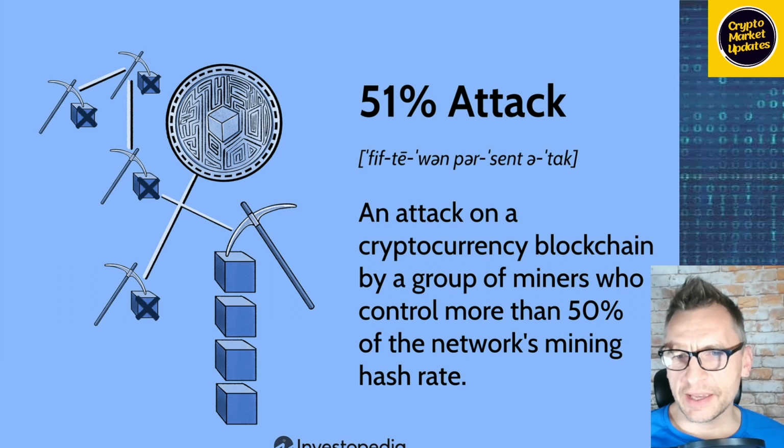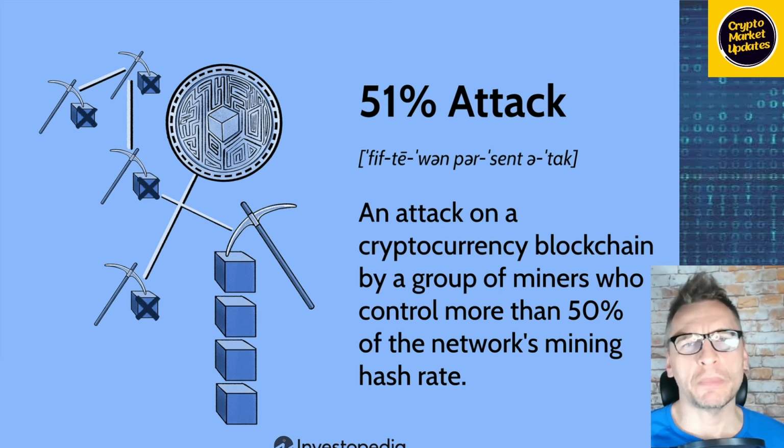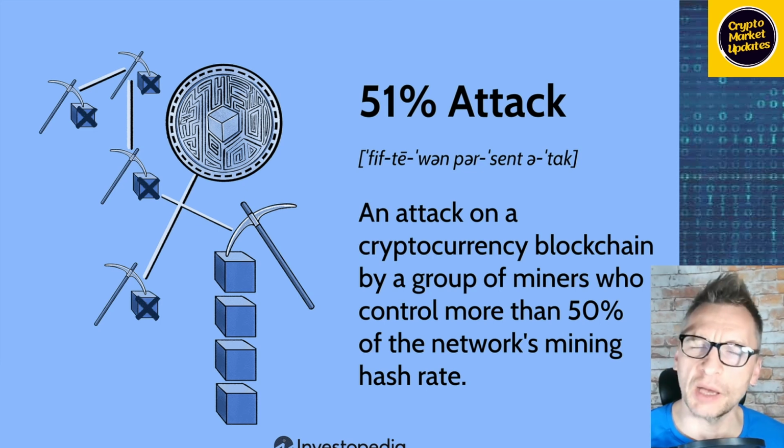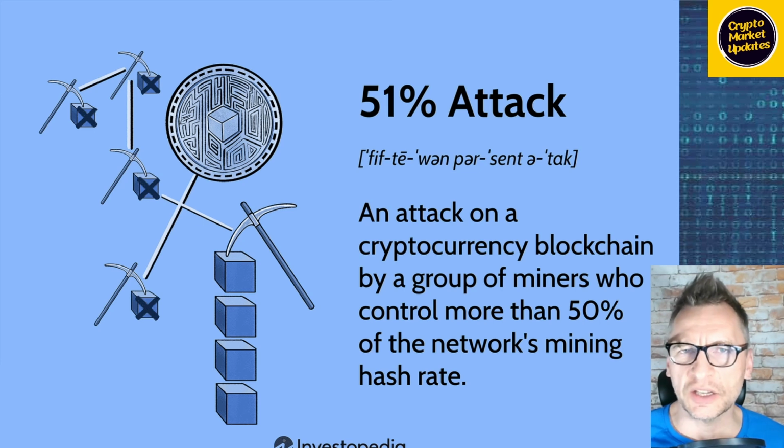A 51% attack is an attack on a cryptocurrency blockchain by a group of miners who control more than 50% of the network's mining hash rate. It's kind of like owning a company. As soon as you own more than 50% of that company, it's technically yours. You do have stakeholders, but the company belongs to the person with the highest percentage of the ownership.